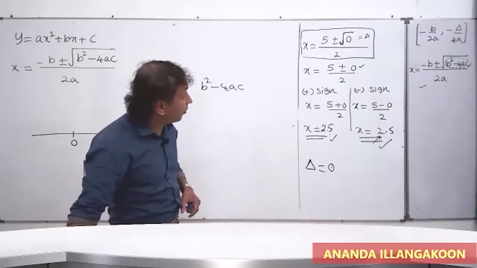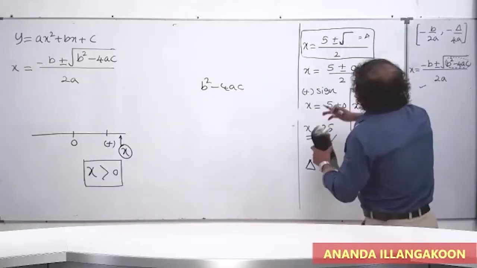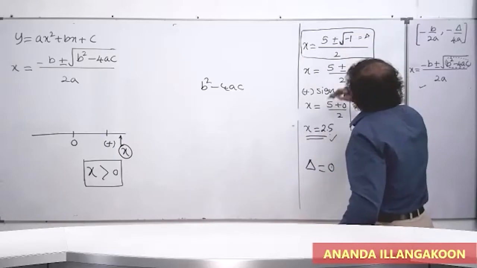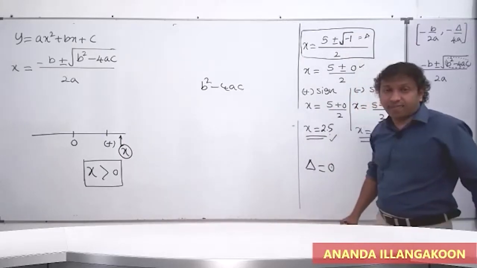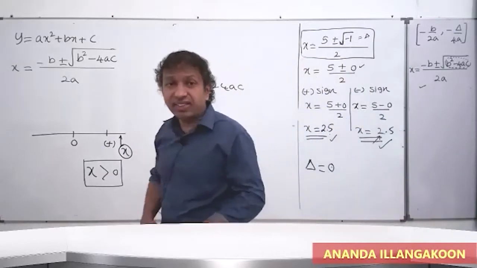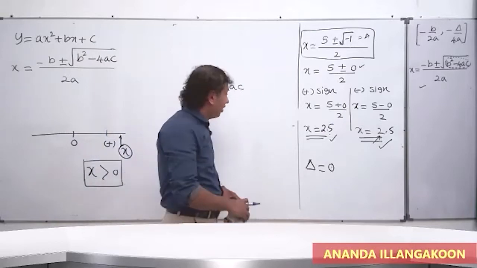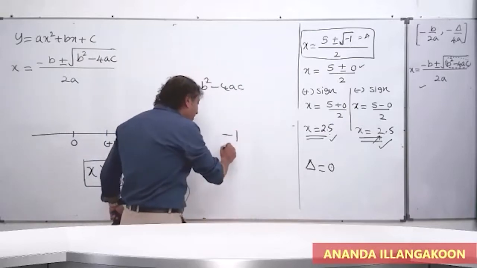Right, now we'll come to the next one, people. Suppose for this delta, we get minus 1. Delta is now minus 1. People, inside the root sign, now we have what? Minus 1. Can somebody tell me what is the square root of minus 1?